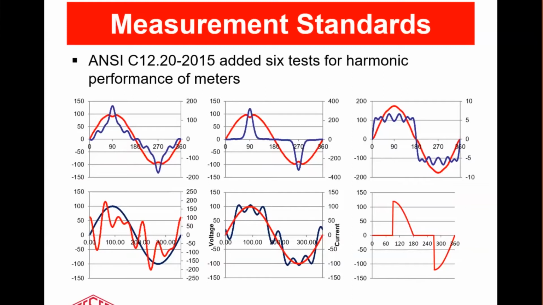When C12.24 was originally put together as a compendium of waveforms and methods that were in practice for calculating VA, after analysis of all the different waveforms that were looked at, we were able to identify some particular characteristics that seem to make meters generate bad answers.